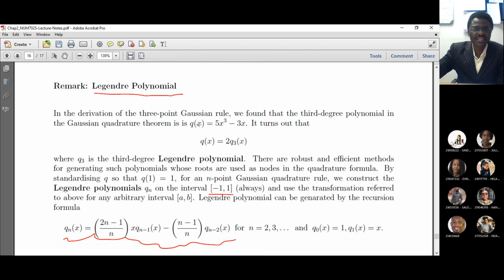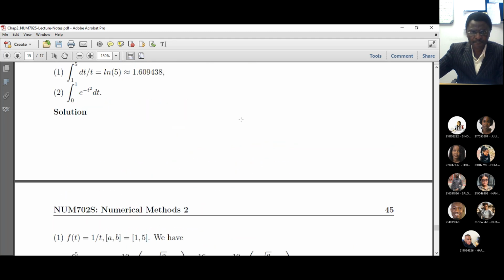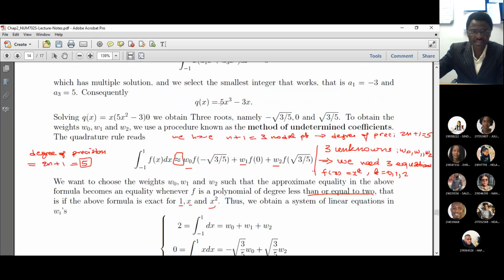If you recall what we did for our 3-point quadrature rule, this is what we obtained for our Q, right? 5 times x cubed minus 3x. That was the Q that we computed. And this is the Q: 5x cubed minus 3x.